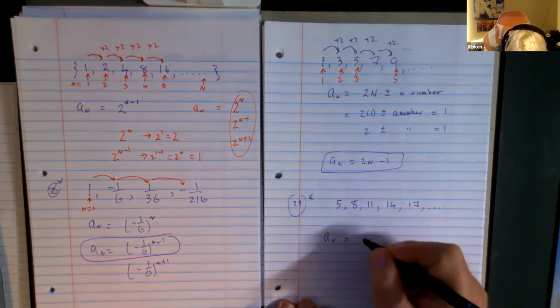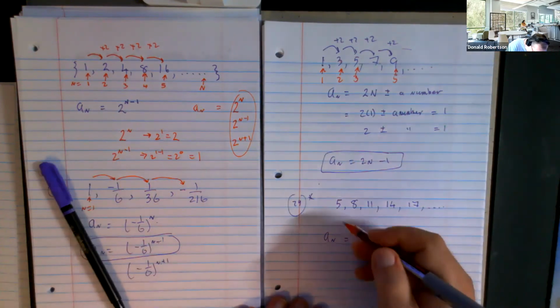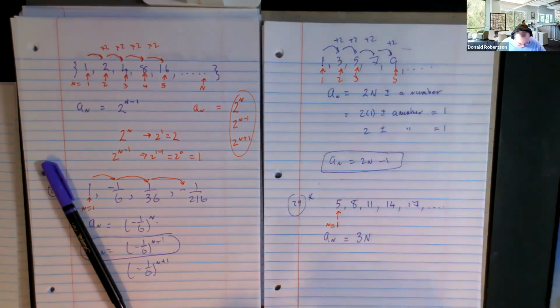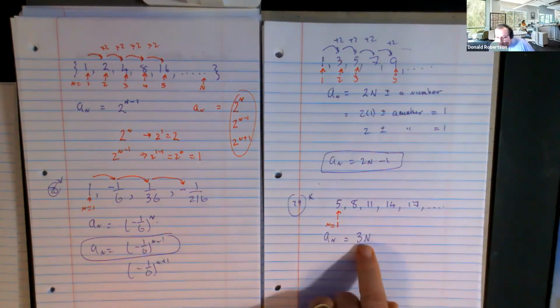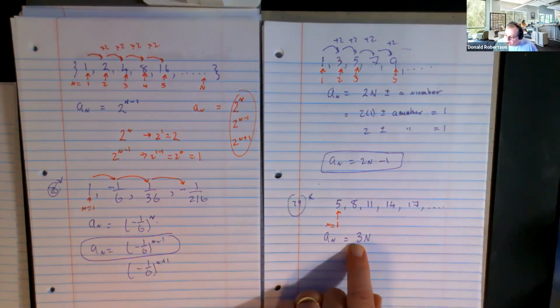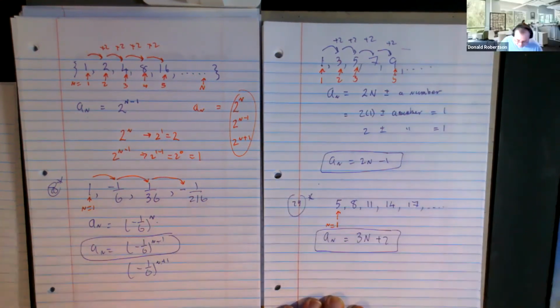Plus 3. So won't that get me 3n? To make it work then, n equals 1. Shouldn't that get me the answer 5? How do I amend this formula to make that happen? 3n plus 2. Add and you're done.